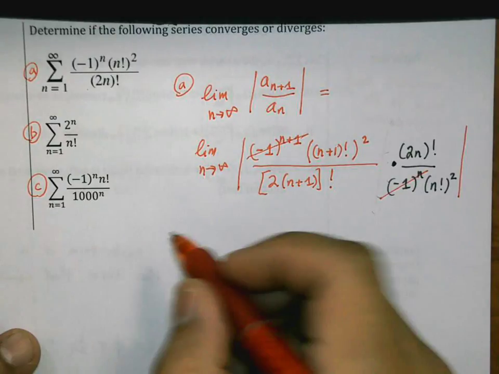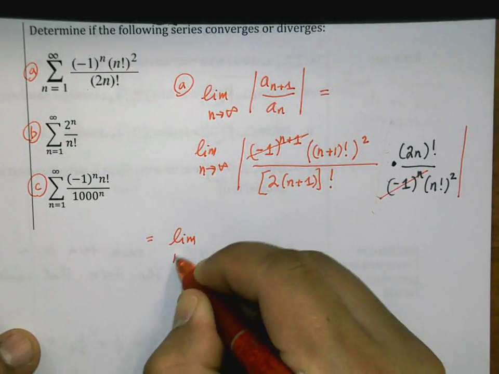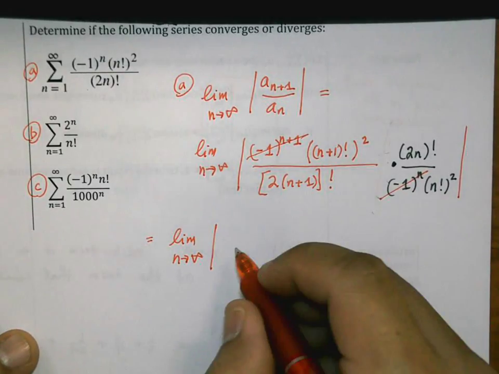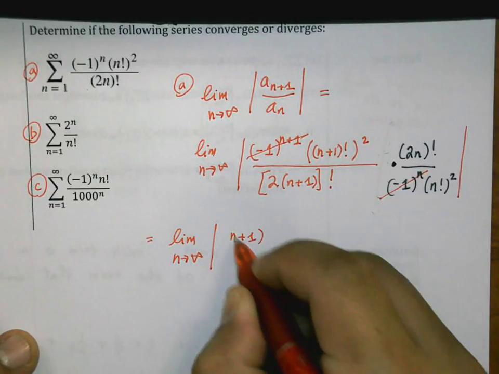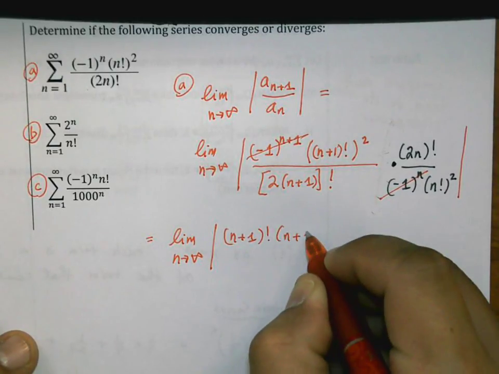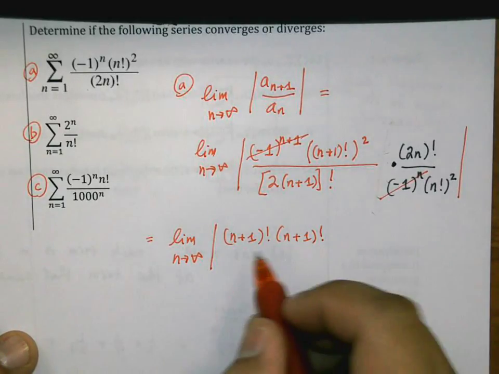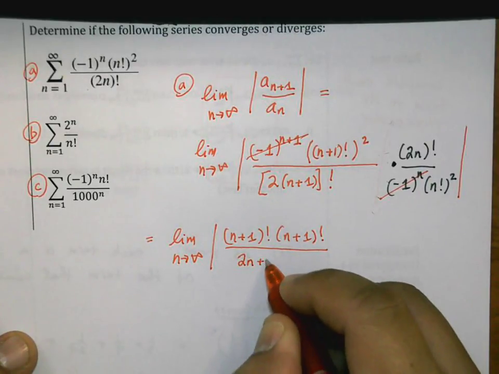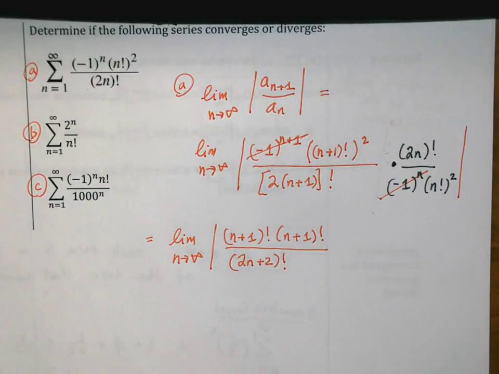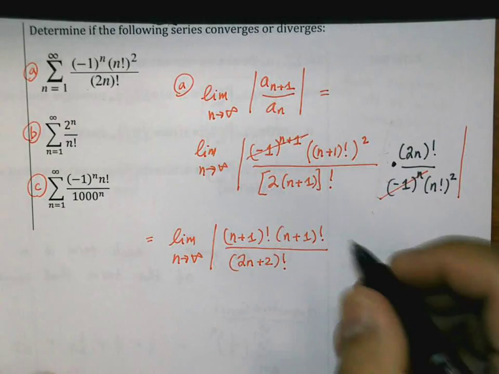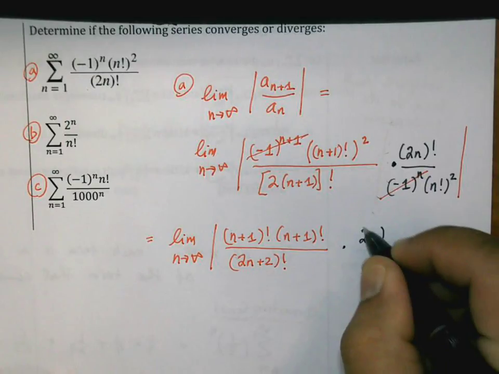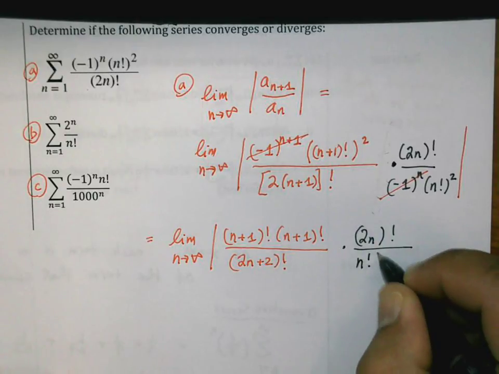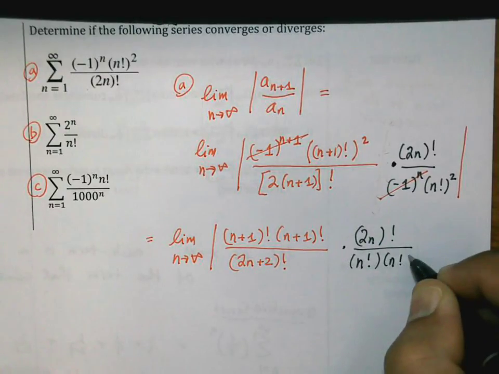I am going to just do some additional simplifying so that you can see. So n plus 1 factorial squared is really n plus 1 factorial times n plus 1 factorial, all over, I'm going to distribute this 2, so we get 2n plus 2 factorial times 2n factorial over here, divided by n factorial squared, so that's just n factorial times n factorial.